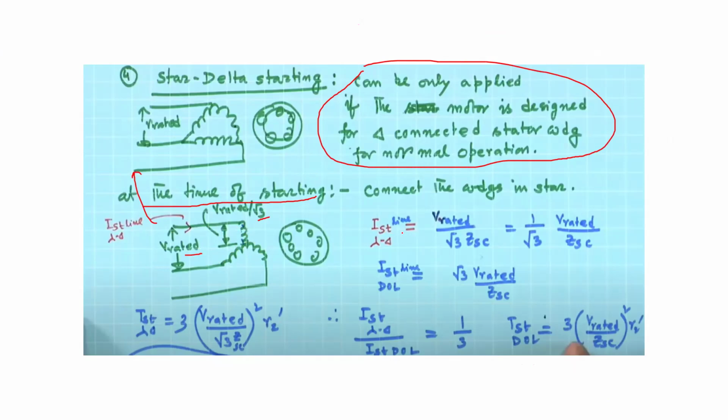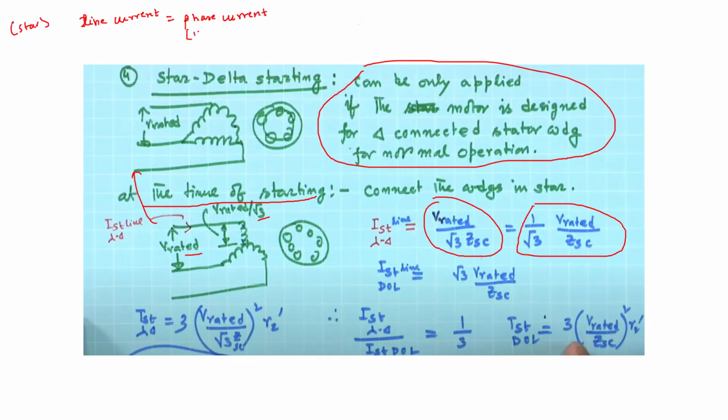So I starting line current is V rated by root 3 into ZSC. This is the change. For the star connection, line current is equal to phase current or winding current. So let us say this is winding current. And what is the winding current?